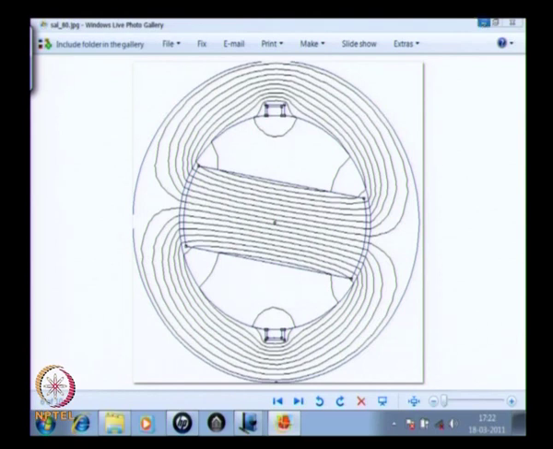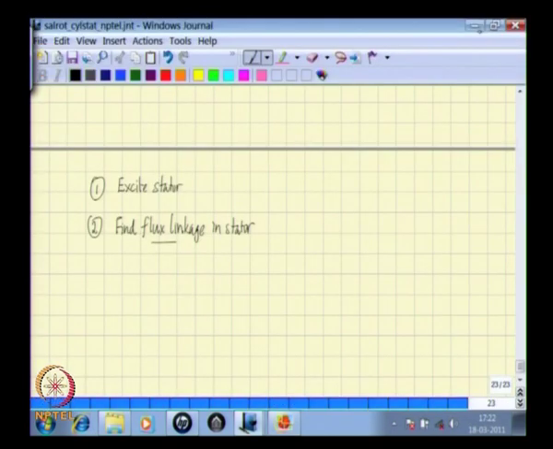And therefore, in order to analyze how this system is going to behave, what is normally done is that you have the stator of the machine, which is cylindrical, and you have the rotor of the machine, which is salient pole.